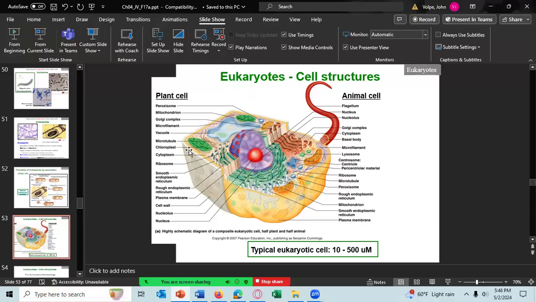You can find a central vacuole in a plant cell. You do not find a central vacuole in an animal cell. The central vacuole is the largest organelle in a plant cell. The largest organelle in an animal cell is the nucleus.